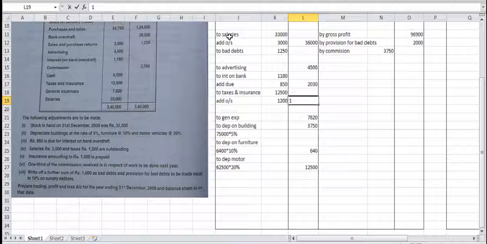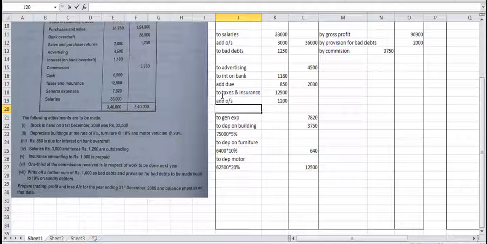Now go for 13,700. But we have one more thing here. Insurance amounting to rupees 1,000 is already prepaid.